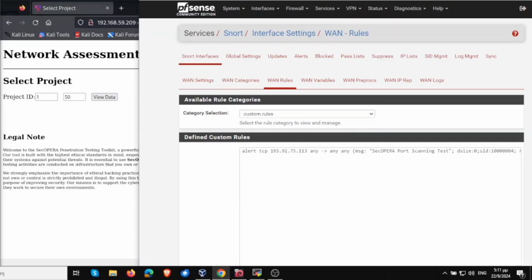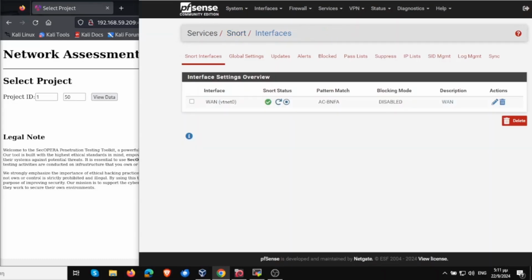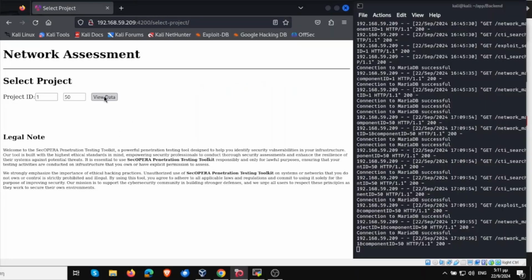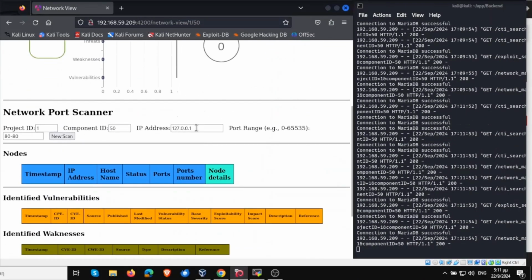In this example, we use the trust-based IDS-IPS to harden a network component. At first, the component is mapped with the penetration testing toolkit.